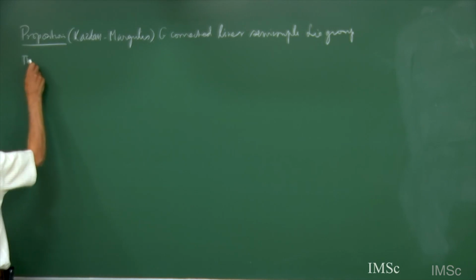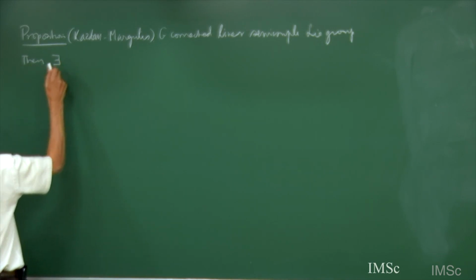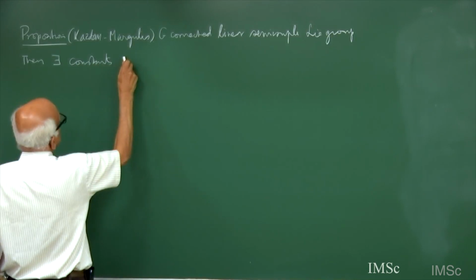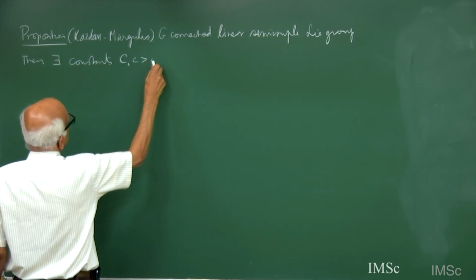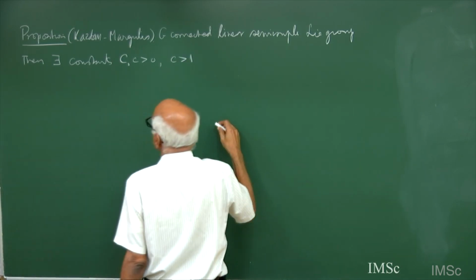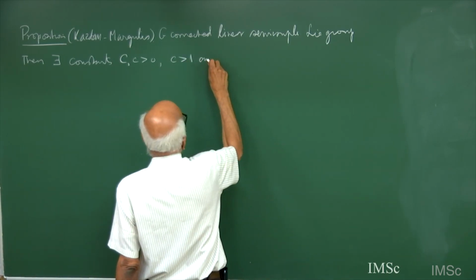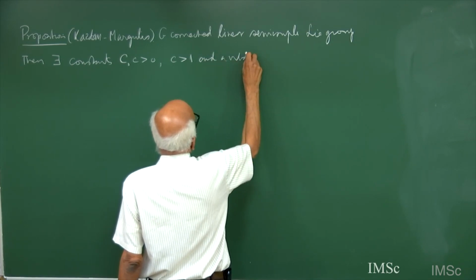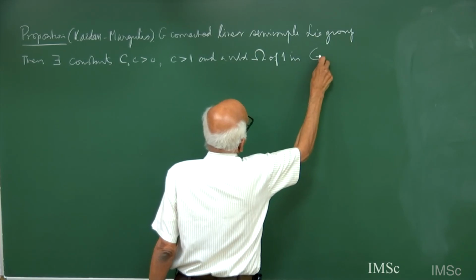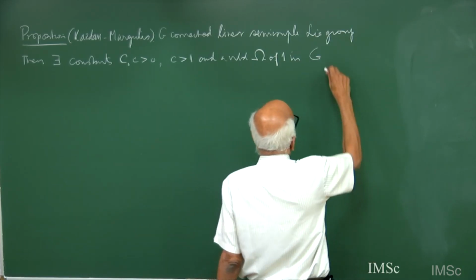Then there exist constants C greater than 0, small c greater than 1, and a neighborhood omega of 1 in G with the following properties.